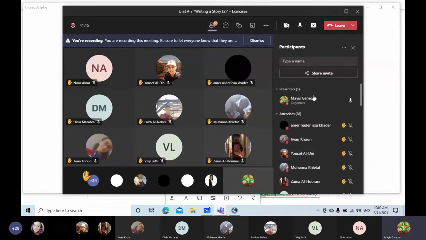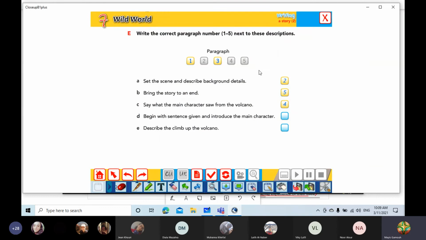Okay, Yusuf. Yes, teacher. Begin with the sentence given and introduce the main character. Paragraph number 1, because our plan yesterday was that you have to introduce your main character in order to tell what you are talking about, in order to give us details and in order to have an introduction, مقدمة, for our story.